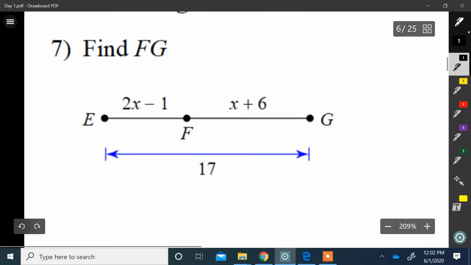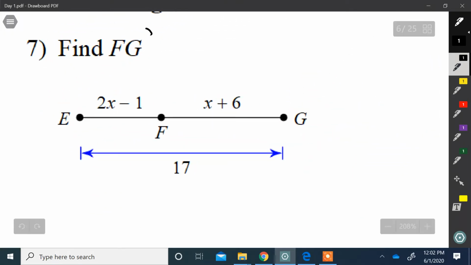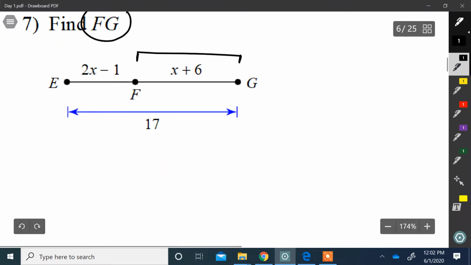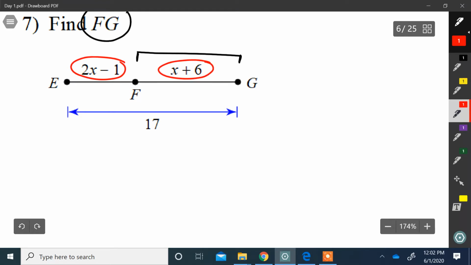In this problem, they're asking you to find the measurement of segment FG. So what is this right here? We need to figure that out. Well, we're going to be using the same idea here. We know that this plus this is equal to 17.